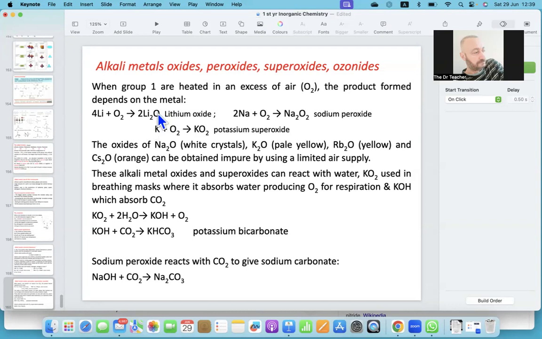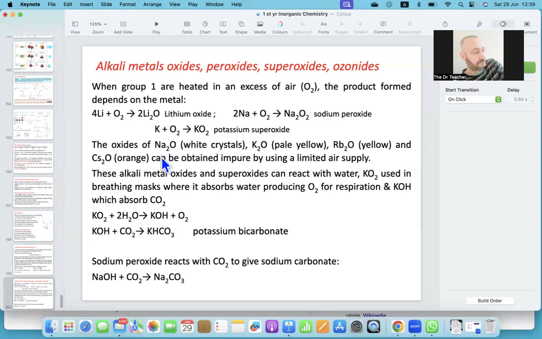Because 2 electrons in the p of the oxygen can react with 2 lithium. Okay. Now sodium with oxygen will make Na2O2, sodium peroxide, and potassium superoxide will be KO2.